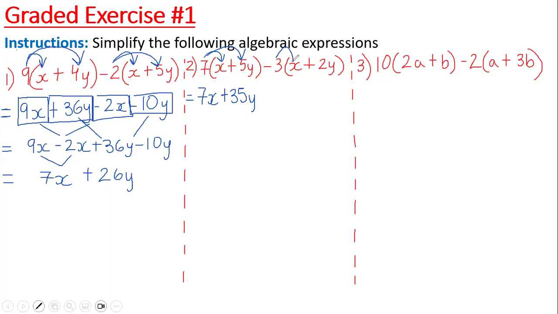Then we have negative 3 times x, which gives us what? Negative 3x, very good. Then we have a negative 3 times 2y. Negative 3 times 2 is what?